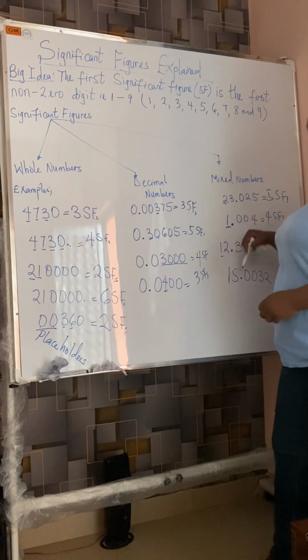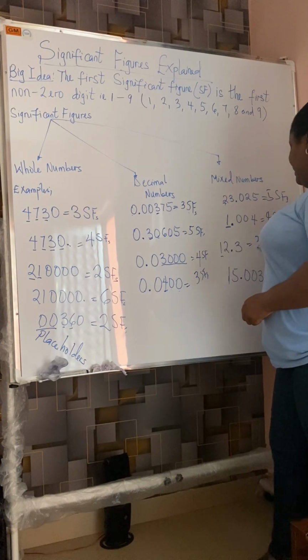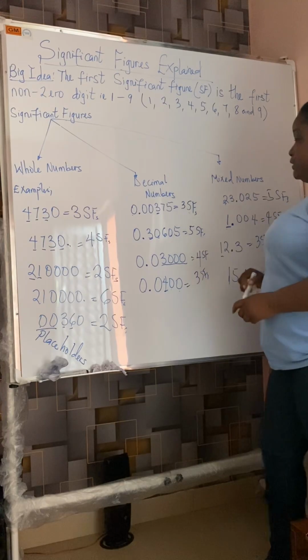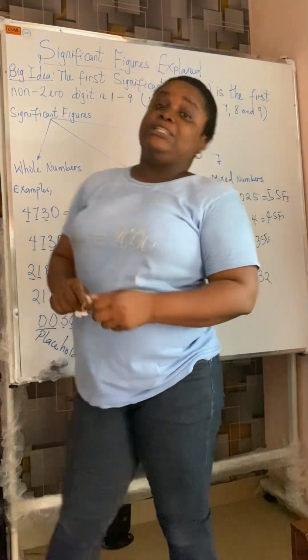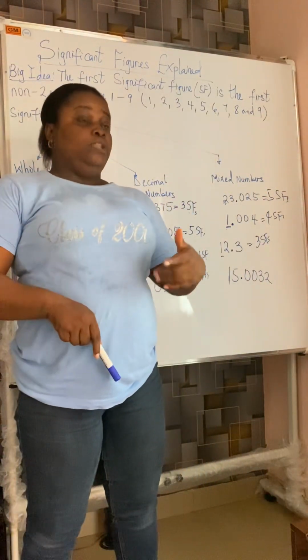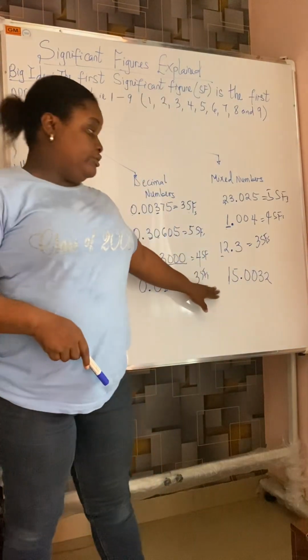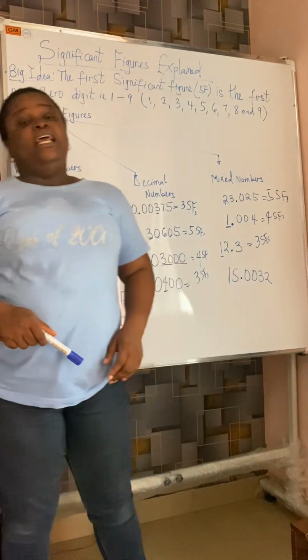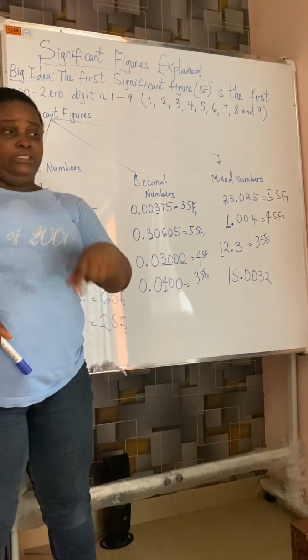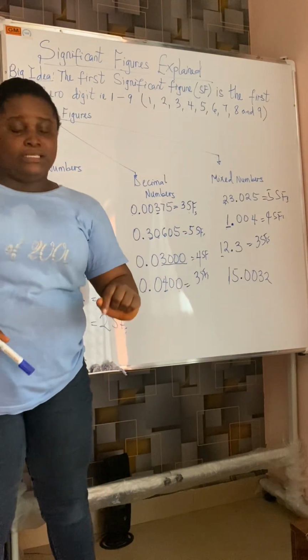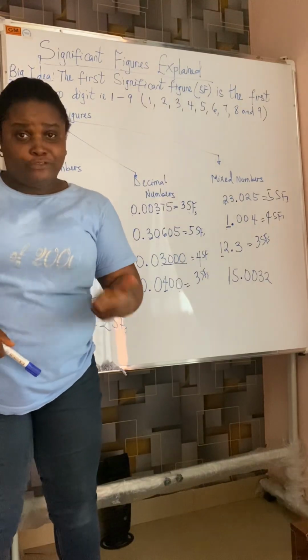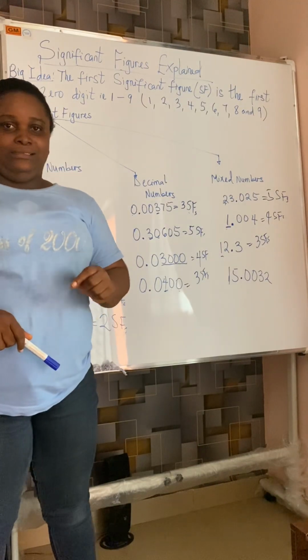In fact, we all have non-zeros here, so that there are 3 significant figures. If you understand the points I've made so far, tell me how many significant figures are here. It is also important that we note that there is a difference between significant figures and decimal places.